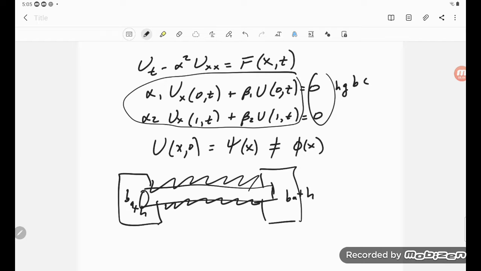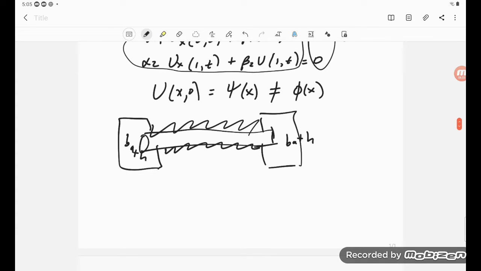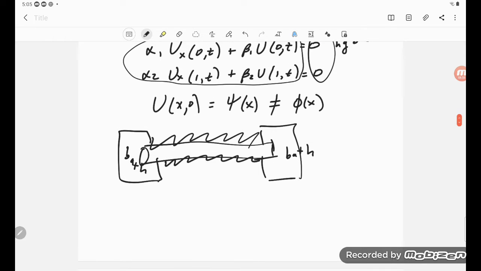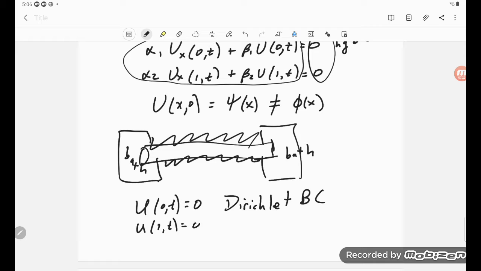But if we change things up here, we can do whatever we want. Now if we only deal with u, so if you just have u of 0 and t equals 0, we call those Dirichlet boundary conditions, and so u of 1 of t equals 0.